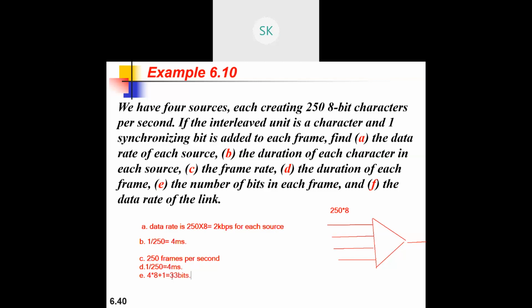That is the duration of each character in each source. So 1 over 250 is nothing but 4 milliseconds. That is what the answer is.